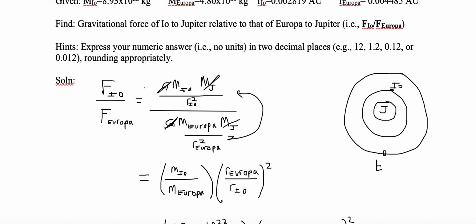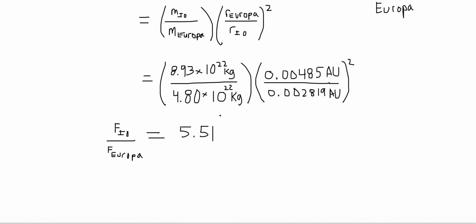So Europa is much further away than Io is, and since distance matters more than mass, it makes sense that the gravitational force between Io and Jupiter is much more than the gravitational force between Europa and Jupiter. And in fact, it's 5.5 times more. And that is our final result.